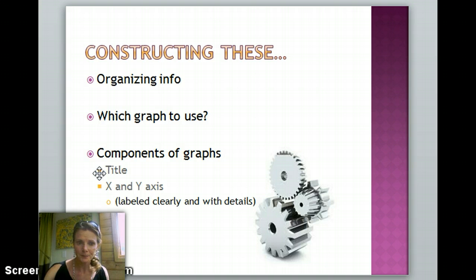Okay, that's the title. Your X and Y axis have to be labeled clearly with details. You can't just say time, because time could be in hours and minutes. You have to say time in minutes, okay? Or weight in pounds. So it has to be clearly labeled with details. So make sure those 2 components are absolutely part of your graphs.